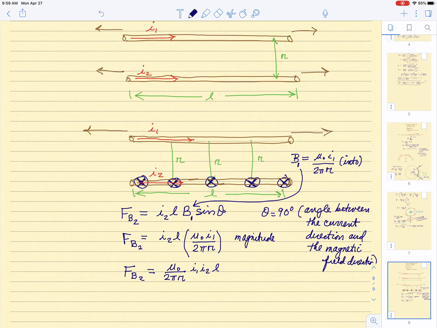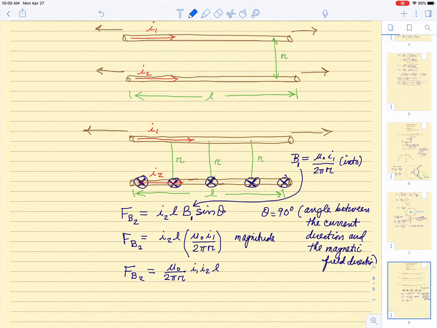There we need the first right-hand rule that we talked about. We place our fingertips along the direction of I2, curl them into the direction of the magnetic field, which is into the plane of the paper, and our thumb would point upward, which is the direction of the magnetic force.